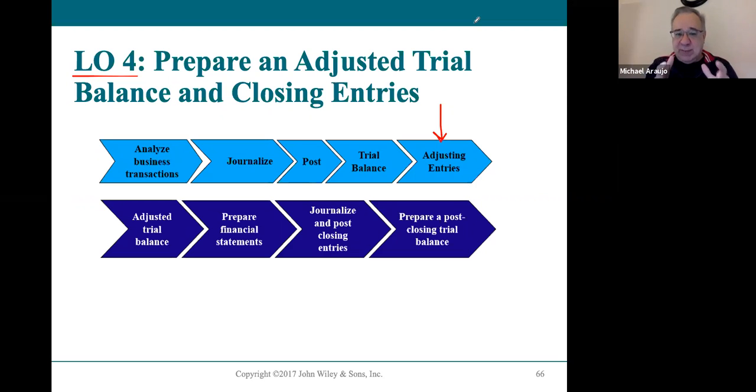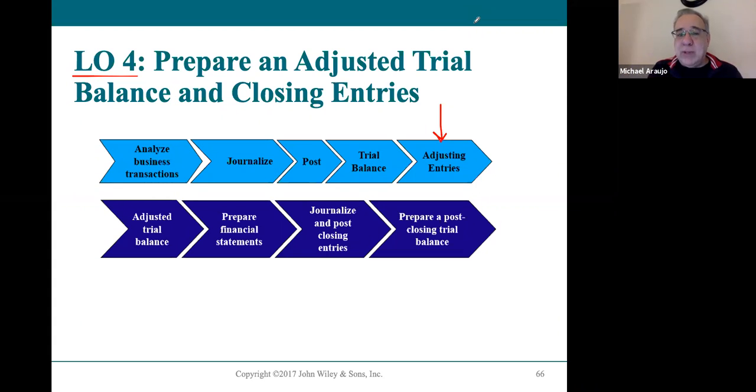So what's the interest expense for that month? And so we calculated that, we put an interest expense, and then we added interest payable because we're going to pay it later when the note is due. And so as soon as you put that in the journal, they post automatically to the ledger. So now those balances in the ledger have changed.